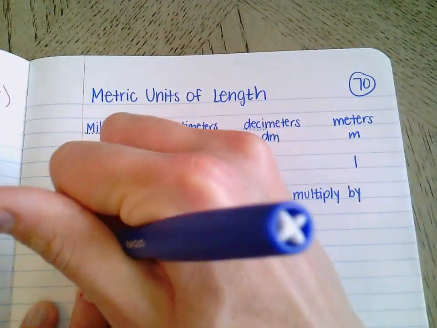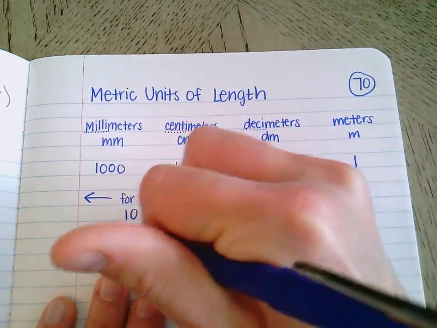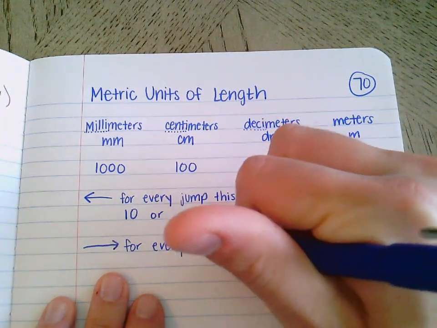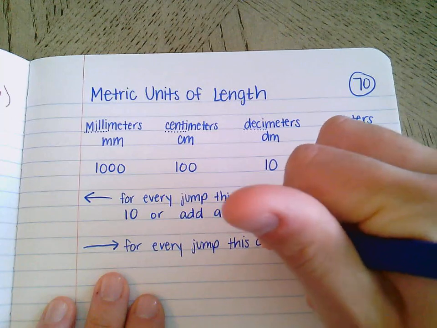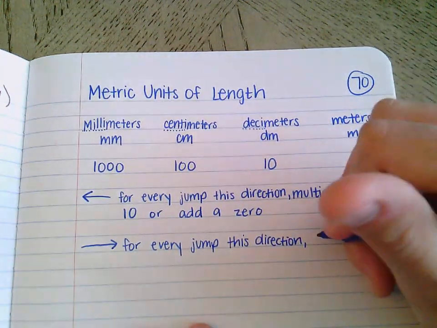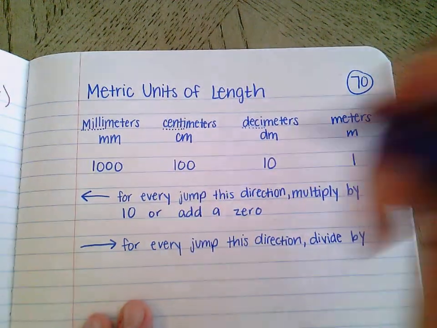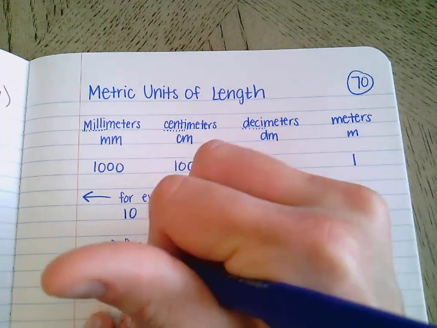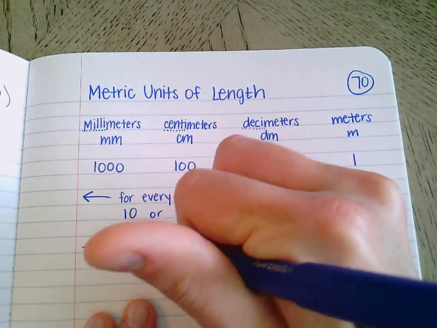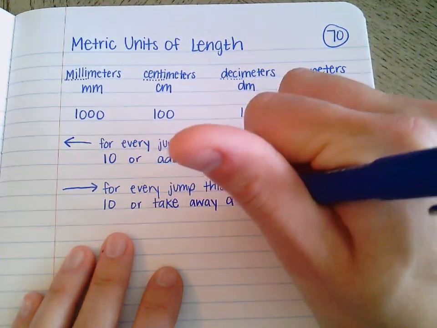And then if you were to go this way, so jumping this way, for every jump this direction, divide by 10, or take away a 0.